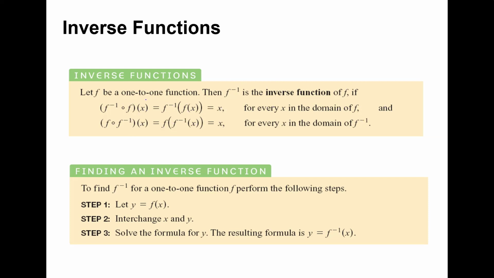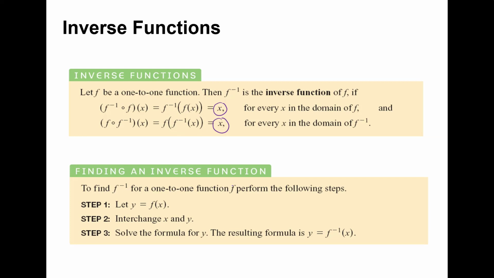Basically, we're plugging f of x into f inverse, and what we get out is just x. And here we're plugging f inverse into f, and what we get out is x. If both of those are true, then they are inverse functions.